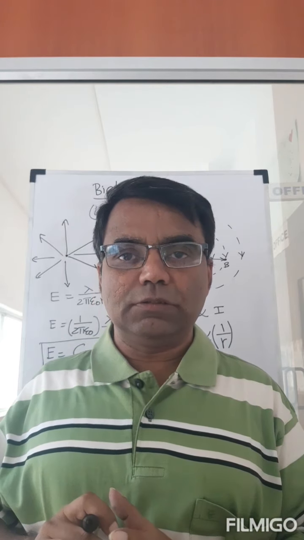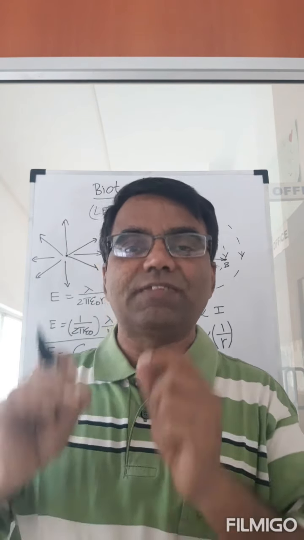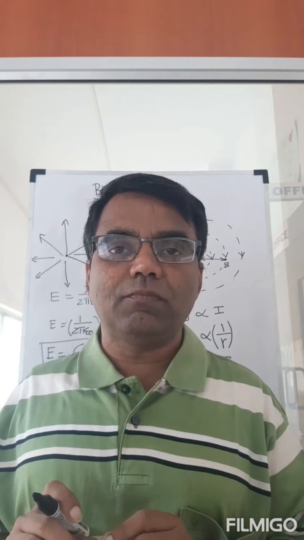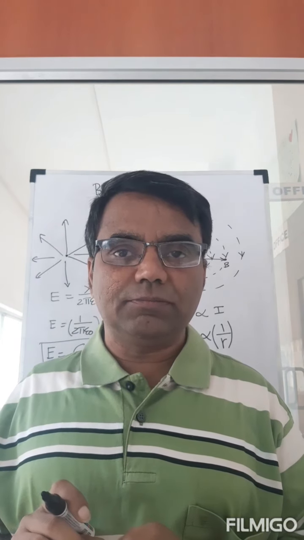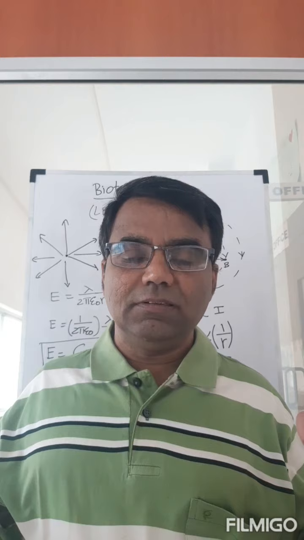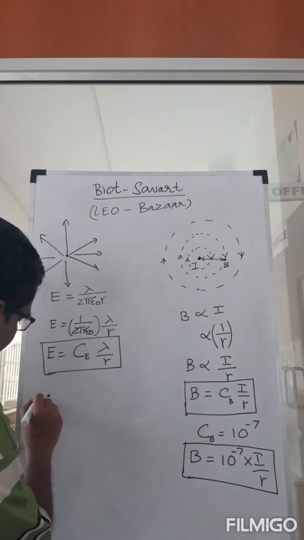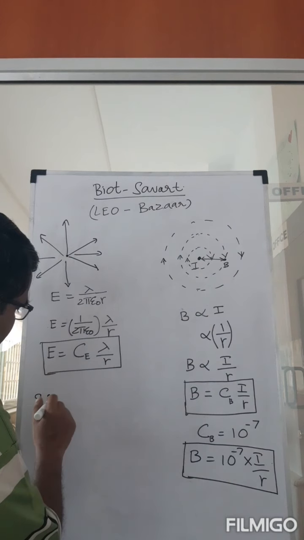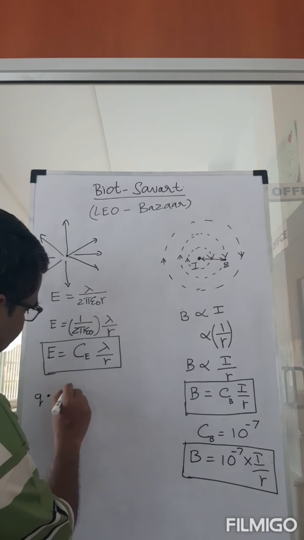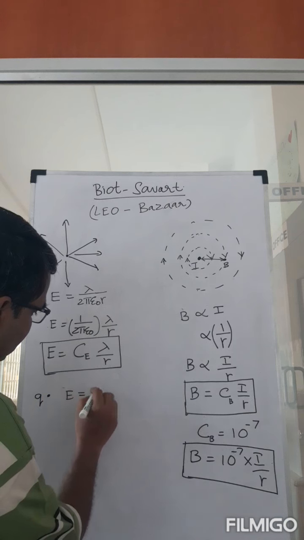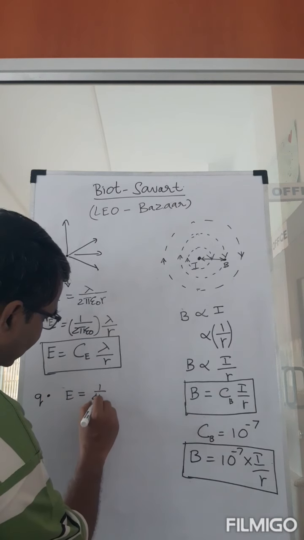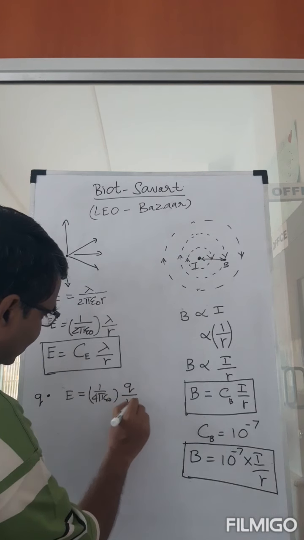What is the Coulomb force? If you have an electric charge Q, a point charge, then E for that point charge is given by 1 by 4 pi epsilon naught into Q by r square.